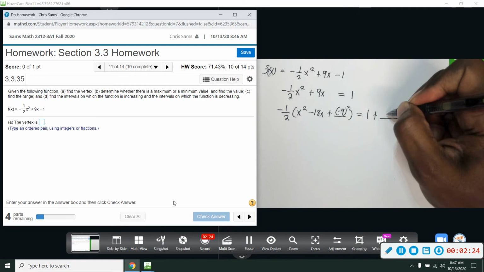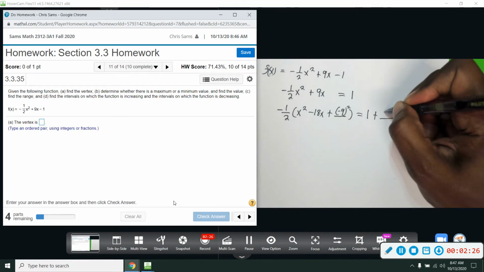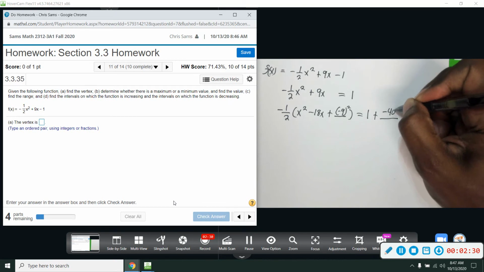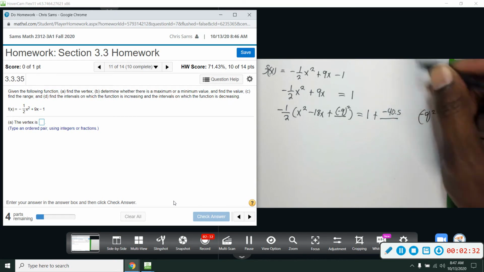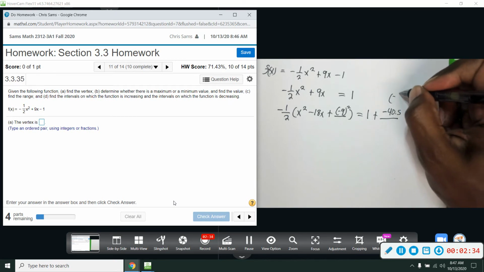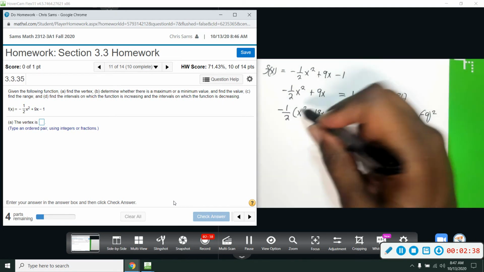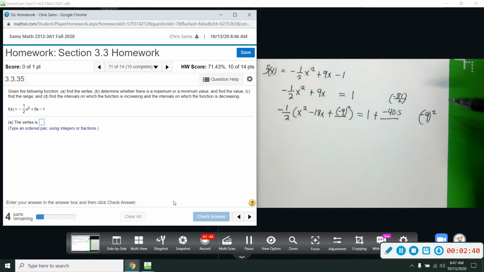Or let's say negative 40.5. I need to combine it with this negative 40.5, same thing as negative 81 divided by 2. That's where we're getting that from because we have to multiply it by that.